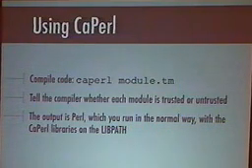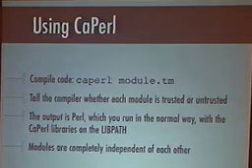Even that's not strictly necessary. If you don't use the CaPerl libraries, which you don't have to, then they don't have to be on the path. And modules are completely independent of each other, so you can just compile them as independent units. There's no interrelationship between them, so you don't have to do anything cunning about dependencies.